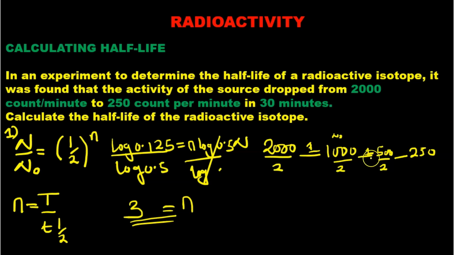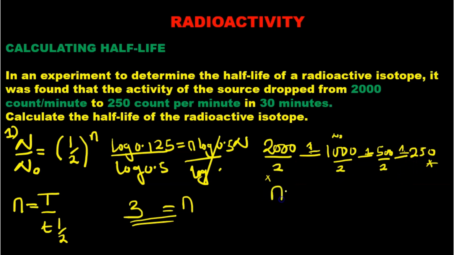That is another half-life. Then if you divide this one as the original, it goes to 250 finally, which was given. So from here up to there, if you count the number of half-lives, you are going to find that it is 1, 2, 3. Those are the number of half-lives for the sample to reach 250 counts per minute.